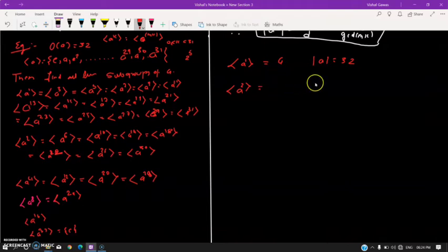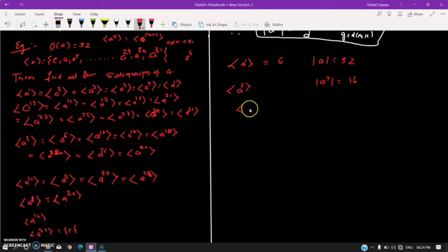That generates a subgroup of order exactly half, right? The order of a squared would be 32 by GCD of 2 and 32. That's 2, right? That comes out to be exactly 16.